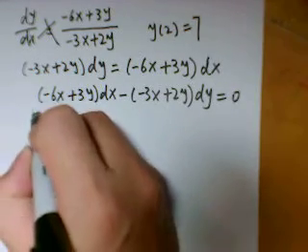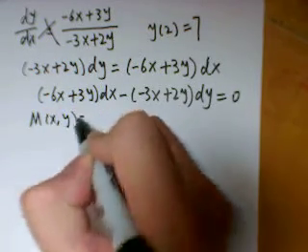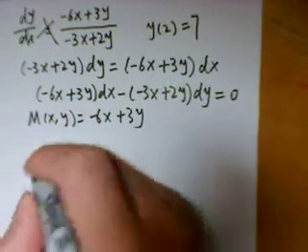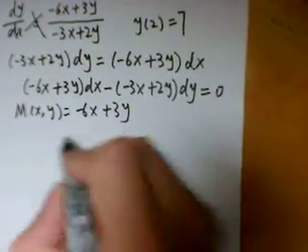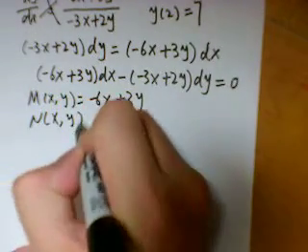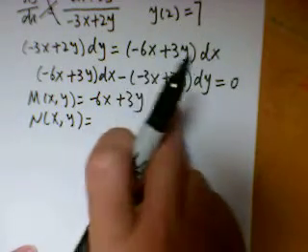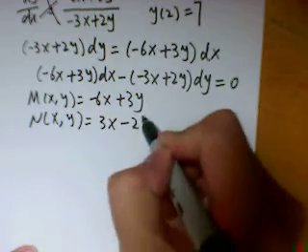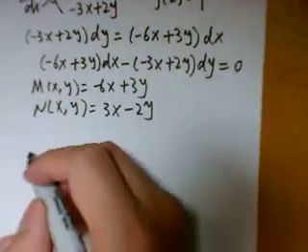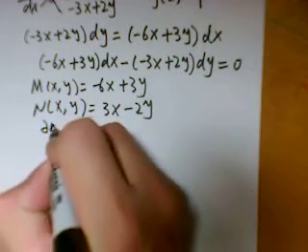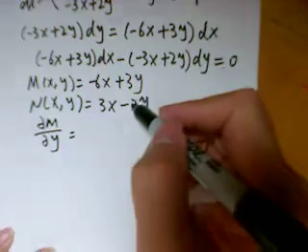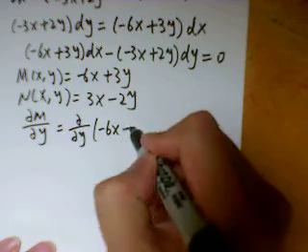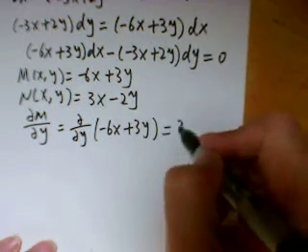So we have M and N. So for this guy, it's negative, should be a positive, so negative 2y, right? And we're gonna calculate partial M over partial y, the derivative with respect to y, equals 3, right?